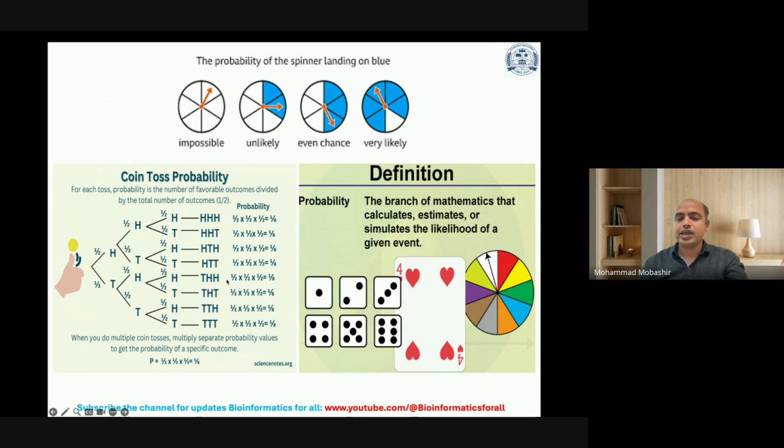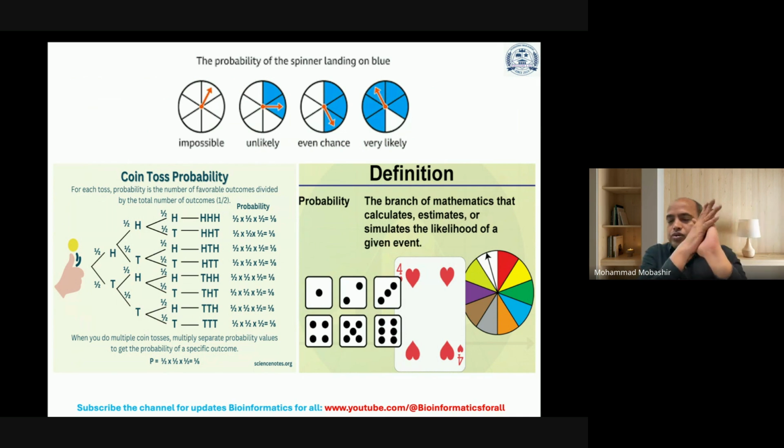You can see, when you do multiple coin tosses, you need to multiply separate probability values to get the probability of a specific outcome. For example, this is equal to half into half into half equals 1 upon 8.